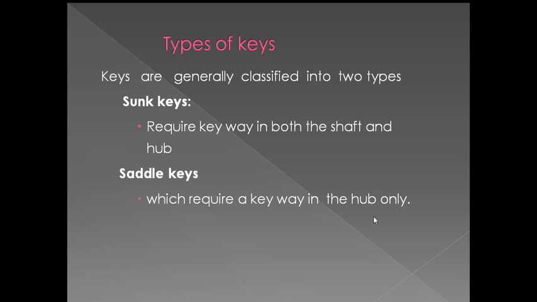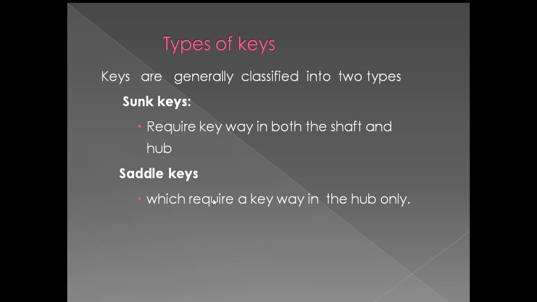That's why it has a keyway only in the hub. So this is about the main types, and others we have are tangent keys, round keys, splines. We'll see them next.